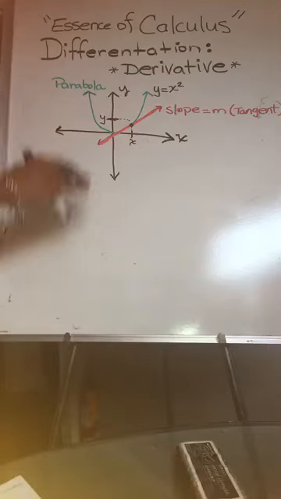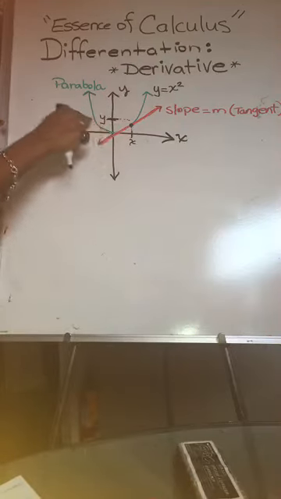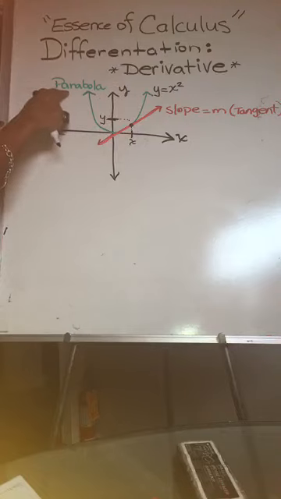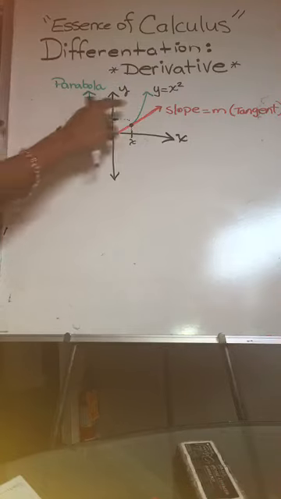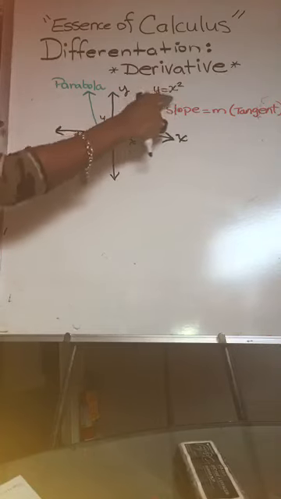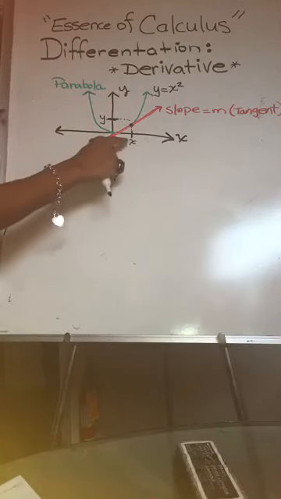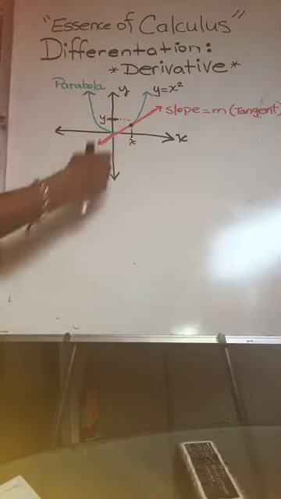Okay. So, as I stated before, this green function or curve is called a parabola. And the equation for this parabola is y equals x squared, or x raised to the second power. And we have our x-axis and the y.